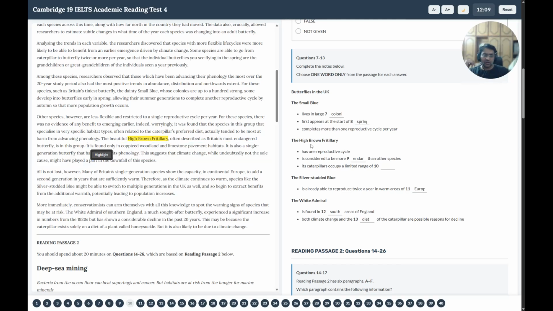Its caterpillars occupy a limited range. Limited range of what? I don't see it. I'm not sure what's going on here. Okay, I'm really not sure. I'm only left with one question.